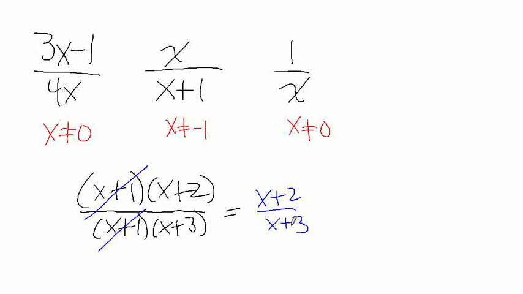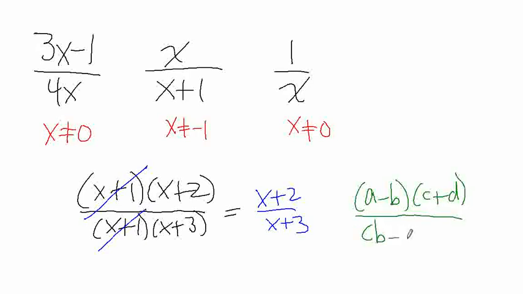Another point I want to make is that sometimes when you're trying to reduce rational expressions, you will have this situation. Suppose on top you had a minus b times c plus d, and on bottom you had b minus a times c plus d.